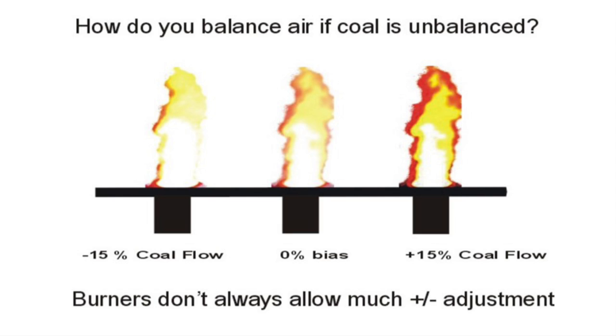Remember, the coarse material has the mass of carbon, and if it diverts to one pipe or the other, you're going to get more mass flow in one of the coal pipes. And the high side of the coal flow is usually the low side on the oxygen. In other words, the higher coal flow uses up the more balanced oxygen, so you get an O2 split.